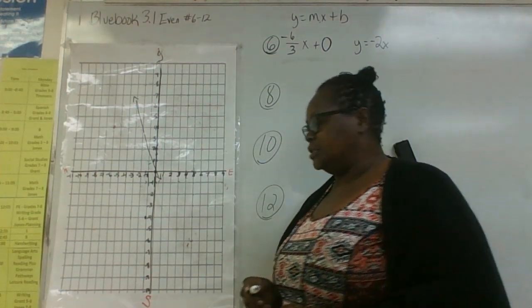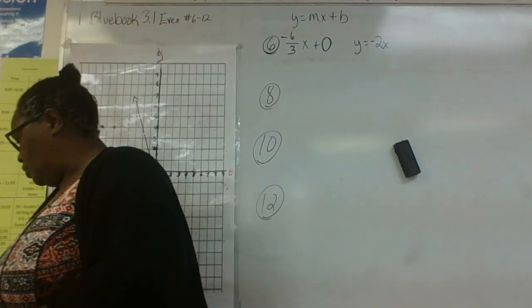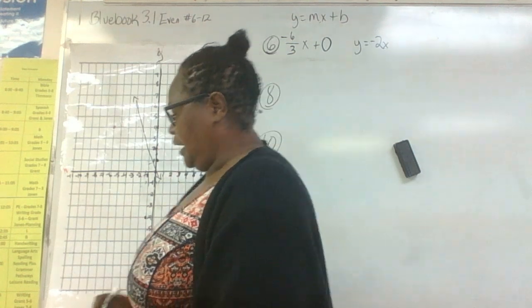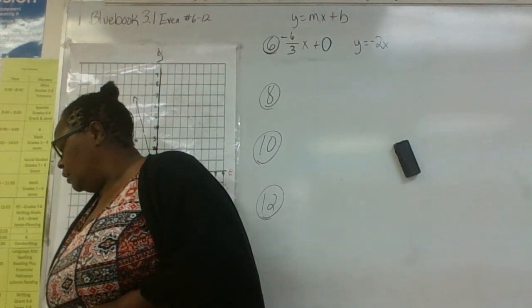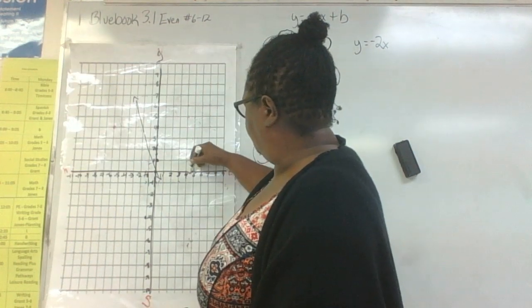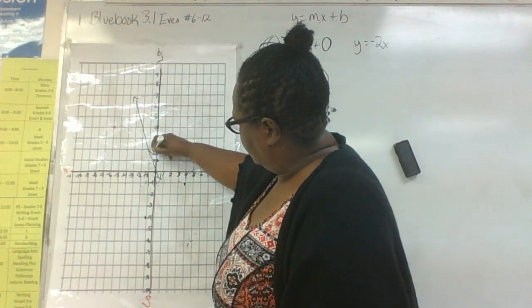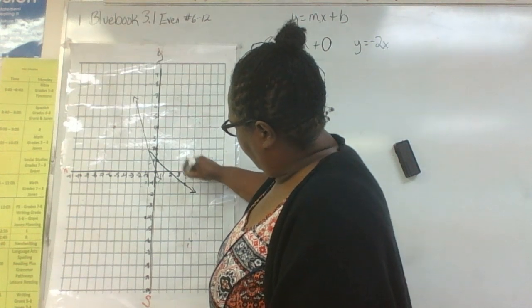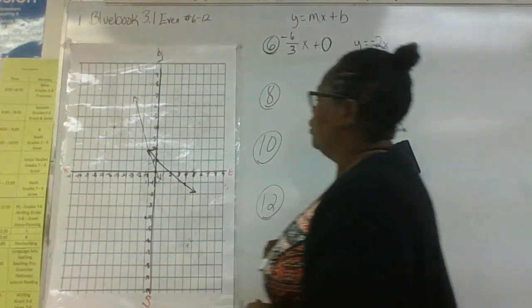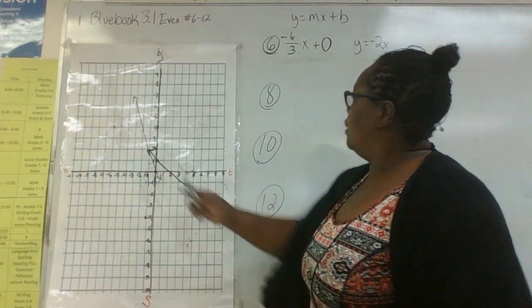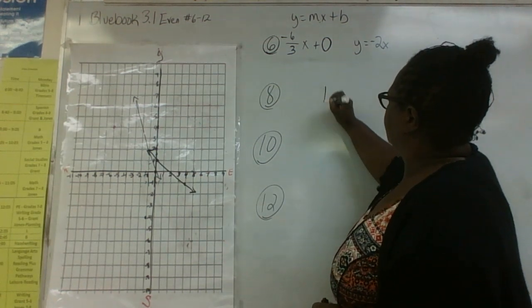Okay, let's move on to number 8. On number 8, we have coordinates of 0, 1 and 4, -1. Here's 4, -1. And so this is our line. Where did we cross our y? We crossed it at 1. So that is our intercept.